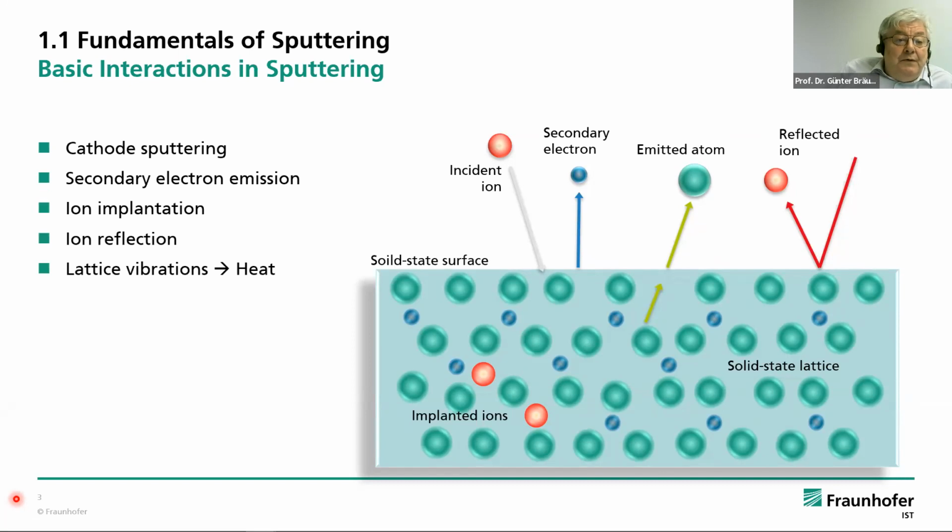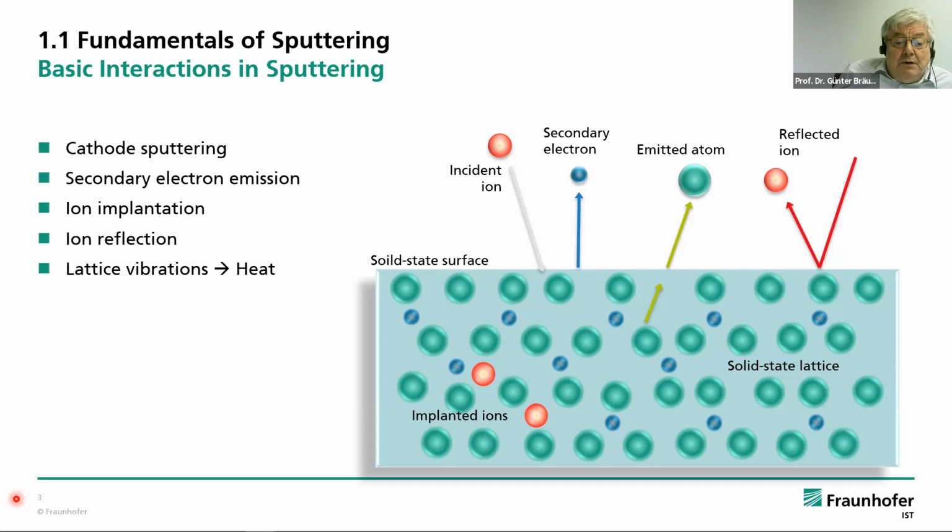The second type of interaction is secondary electron emission. In this case, the energy of the ion is spent to generate secondary electrons. If the ion energy gets very high, but this means above, let's say, 10 kilo electron volts, which cannot be reached in our normal sputtering processes, then the ions will be implanted.